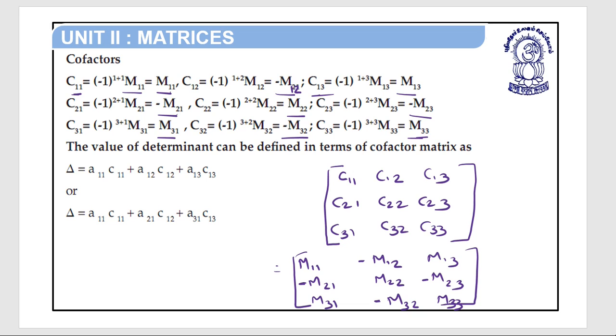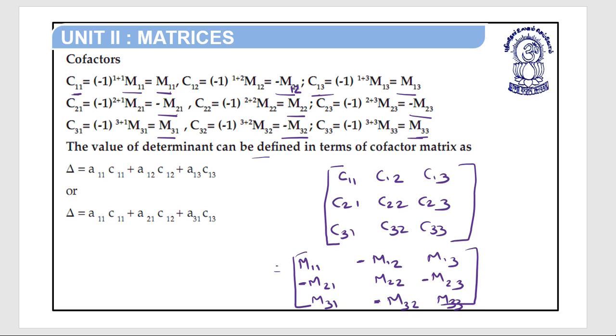Here you can easily remember which elements become minus and which become positive. In the first row the center one is minus, in the first column the center one is minus, in the third row the center one is minus, and in the third column the center one is minus.